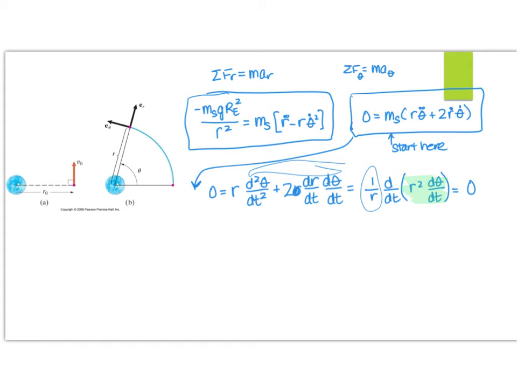We actually call these constants of motion when we figure this out. So r squared d theta dt has to be a constant. Another way we might write this is r squared omega. And we might also recognize that this is really angular momentum divided by mass.